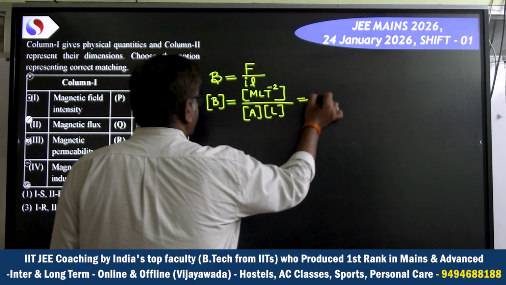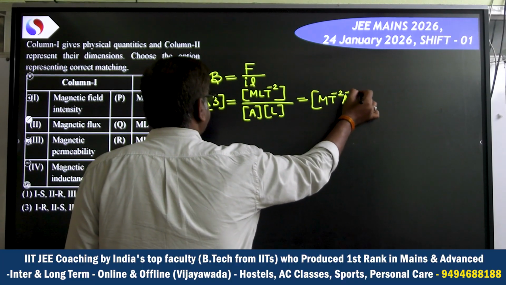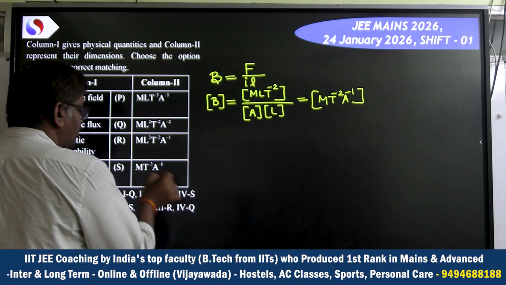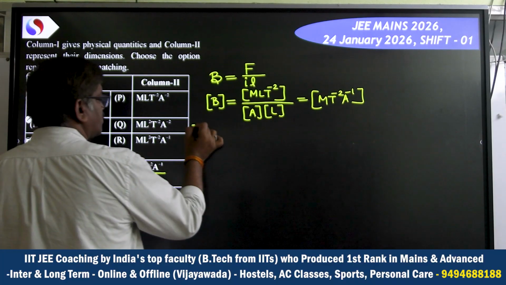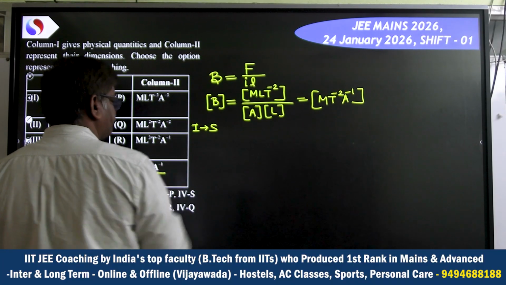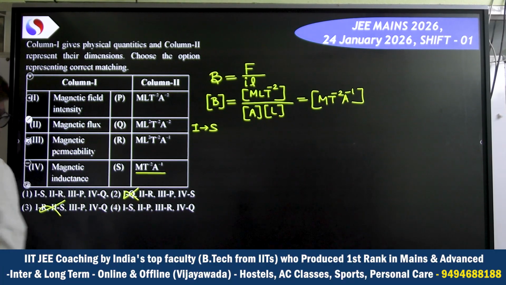That's why it is coming as ML0 T minus 2 A minus 1, that is M T minus 2 A minus 1. That means your first option is going with B. So the second and third are cancelled.